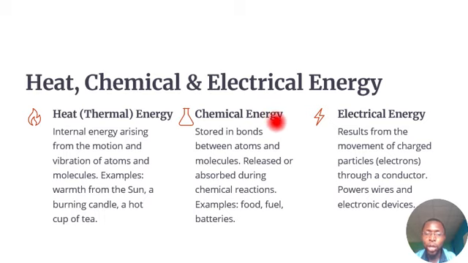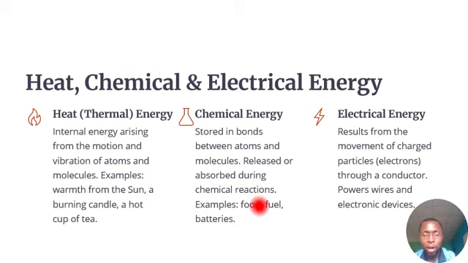Then we have the chemical energy. This is energy that is stored in bonds between atoms and molecules. The energy inside the bond that is holding atoms and molecules together is referred to as chemical energy. We usually release this energy through chemical reaction.